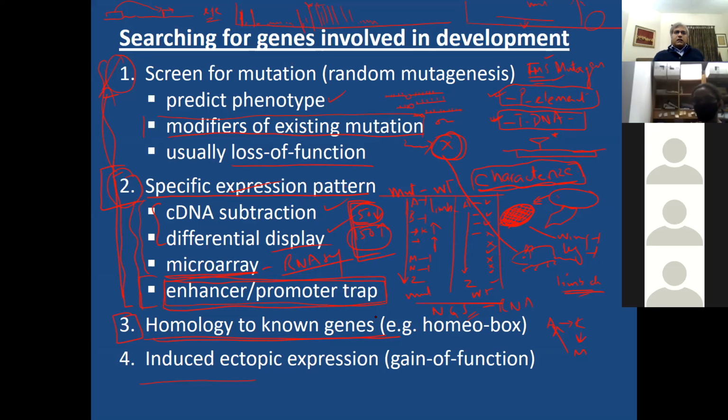Now, in my last lecture, I talked about ectopic expression. Expression of UBX leads to development of haltere in flies. If you have UBX on, it's haltere. If you have UBX off, it's wing in fruit flies.